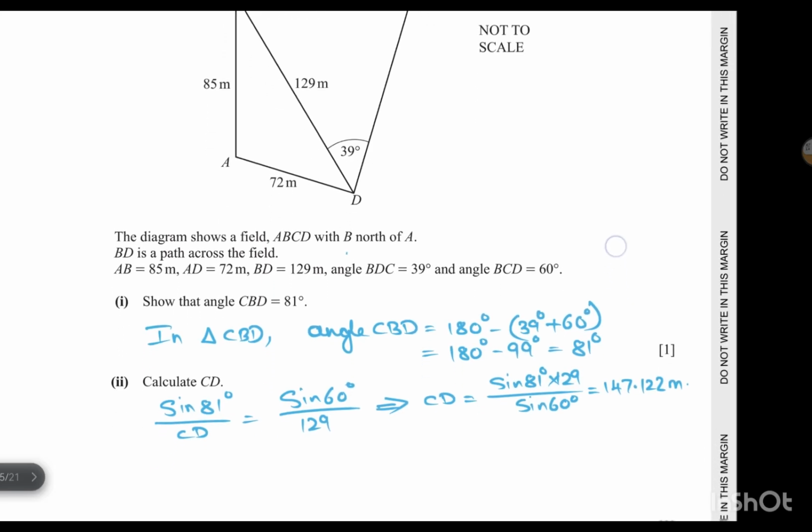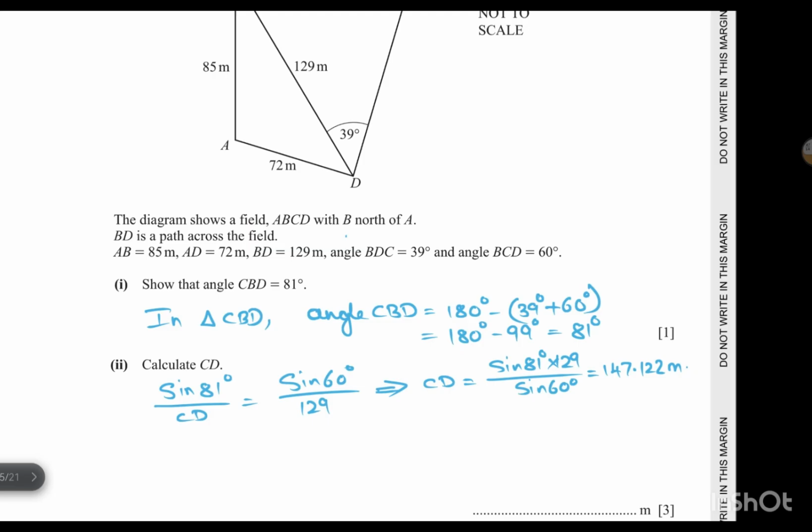So we can round it to two decimal places. So you'll write it as 147.12. This is the answer for question number 2.